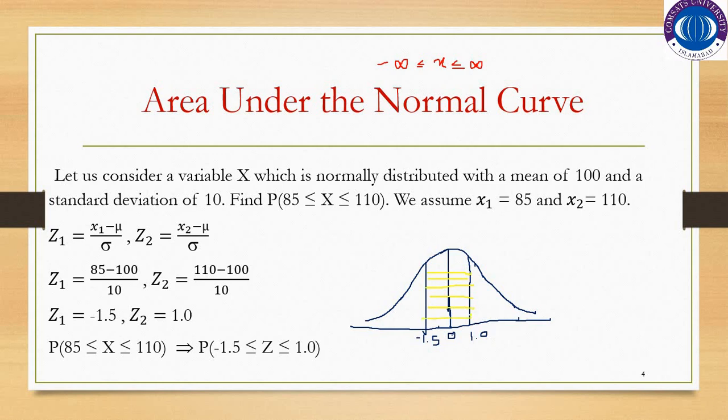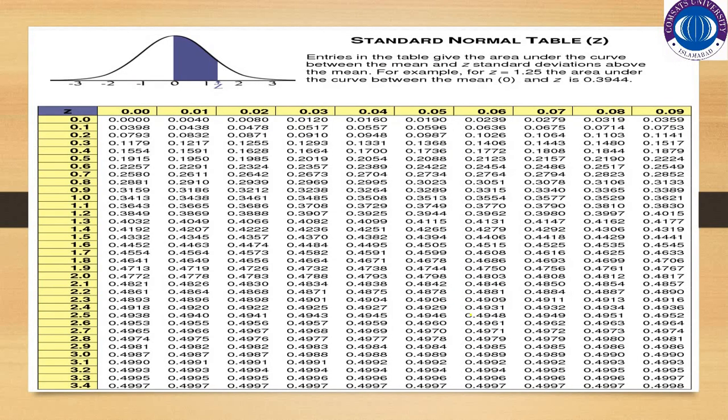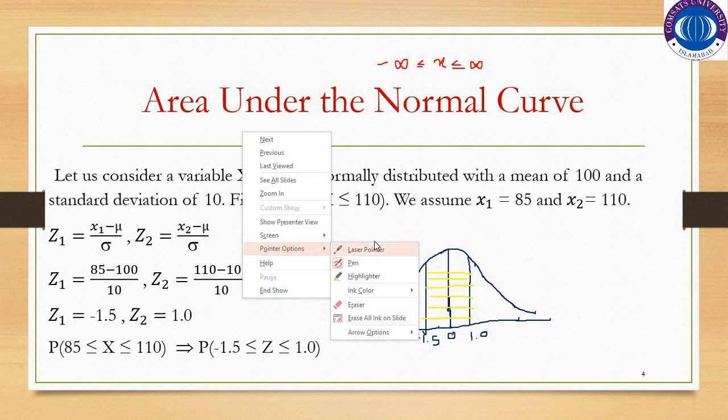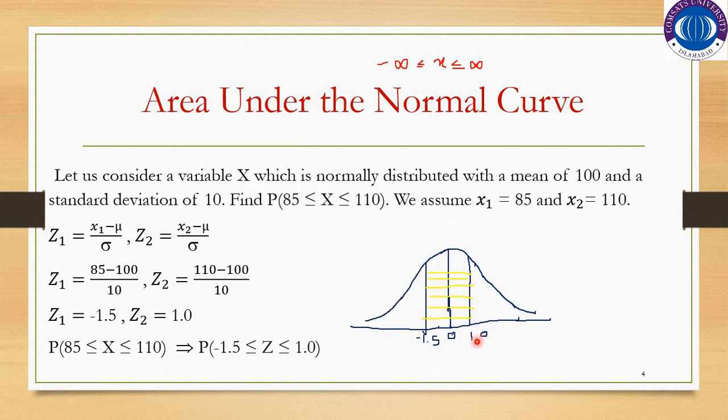The problem is the table we are using is giving us the area or probability from 0 to some specific point z. But you have to find out the probability from minus 1.5 to 1.0.